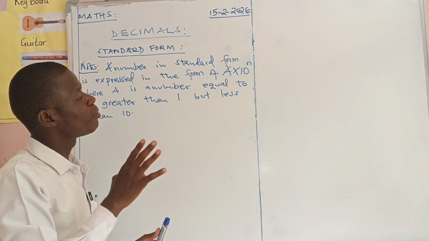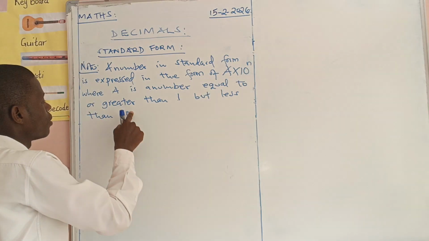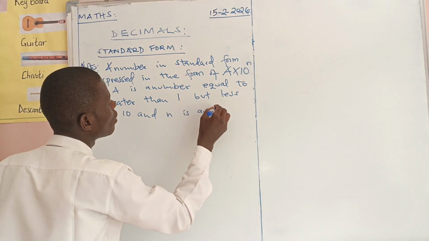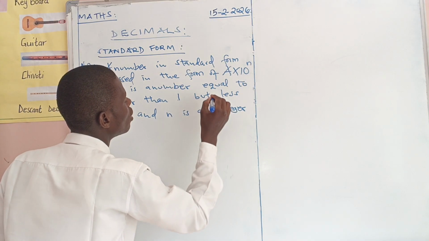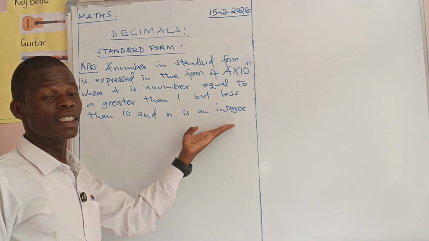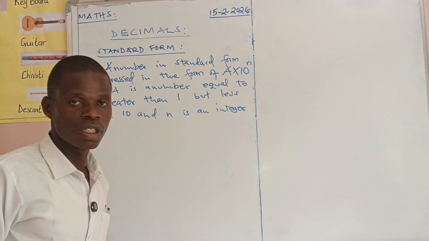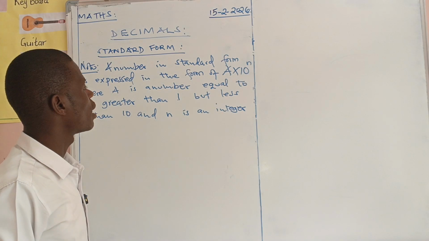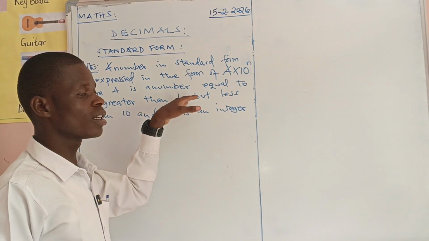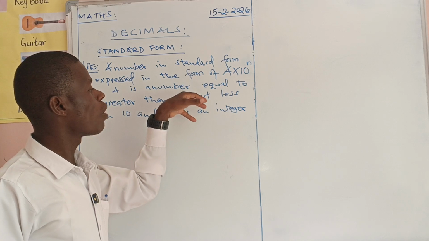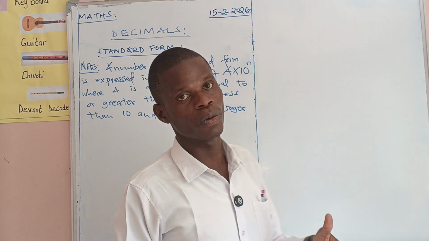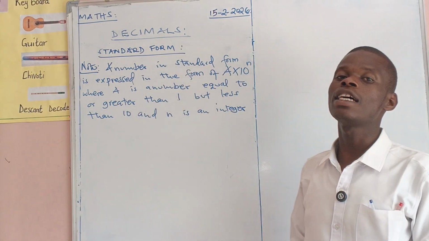And n is an integer. The first subtopic that we dealt with is integers: positive, 0, and negative numbers. They make an integer. So when you express a number in this form, where a is greater or equal to 1 but less than 10, and n is an integer which can be positive, negative, or 0, we say that the number is in standard form.